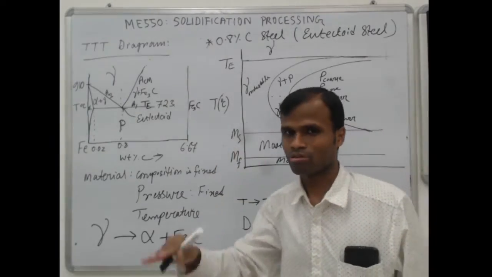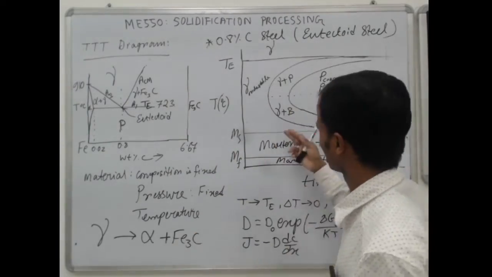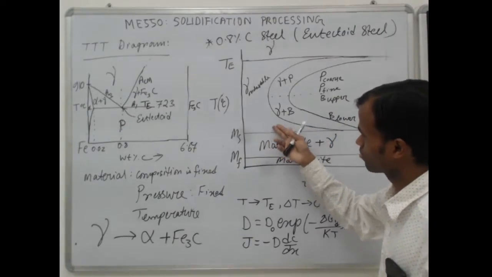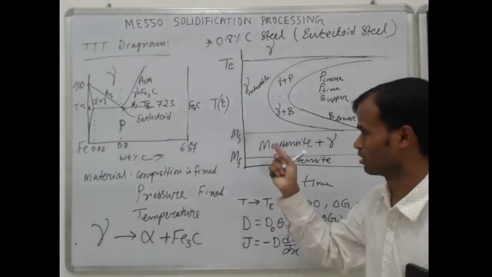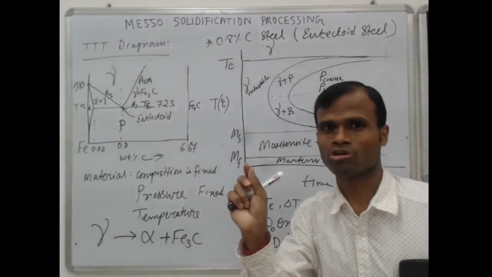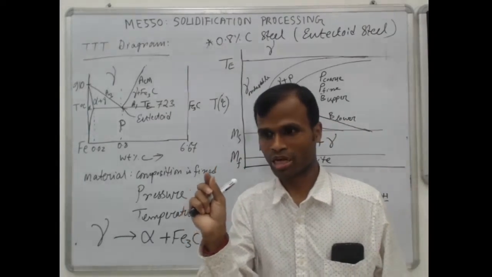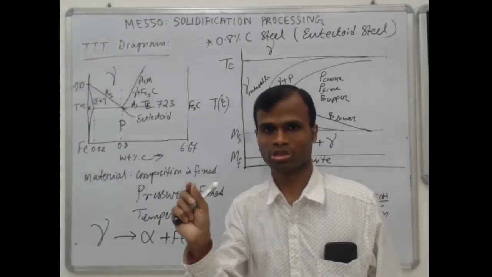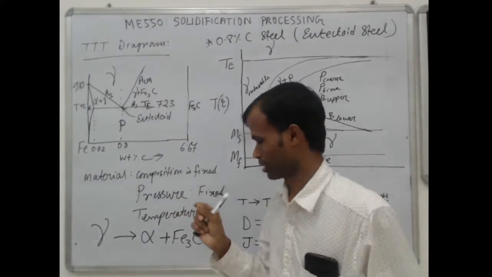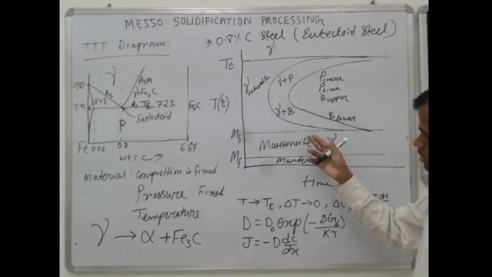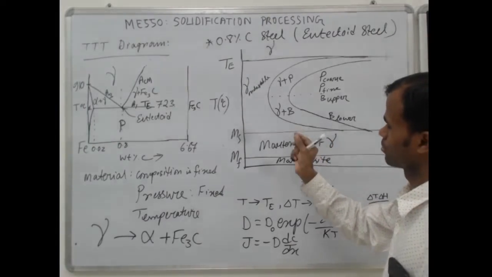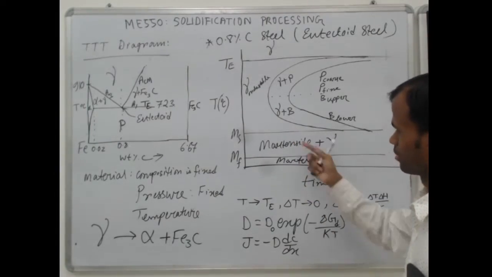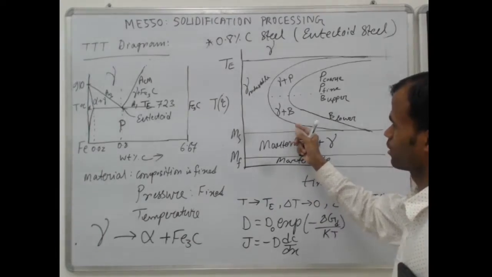So as your undercooling becomes very high, there will be some diffusion, but it will be very short range diffusion. Atoms will not be able to diffuse a lot, they will diffuse by very small distances, and then you get a very fine structure.